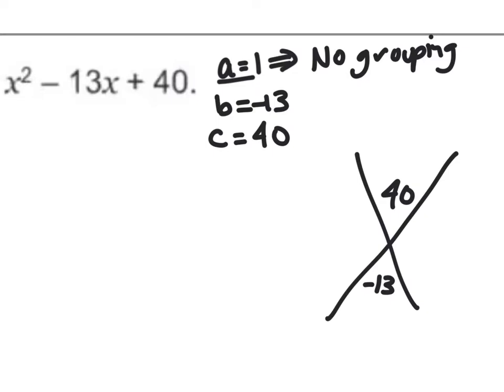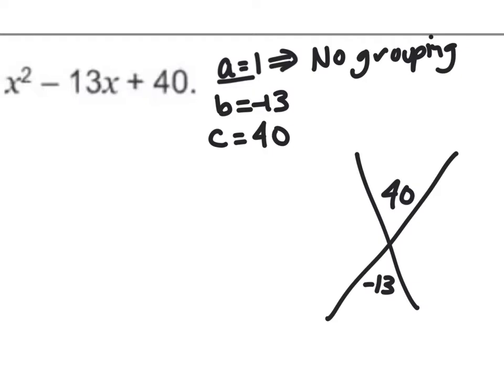All right, so now the question is, what two numbers multiply to 40 but add to negative 13? You're going to have to think about positive and negative numbers here. They have to multiply to 40 and add to negative 13, so these two numbers probably need to be negative.